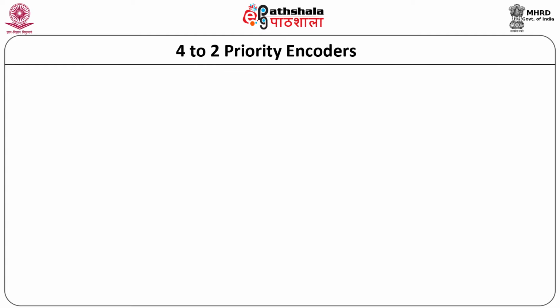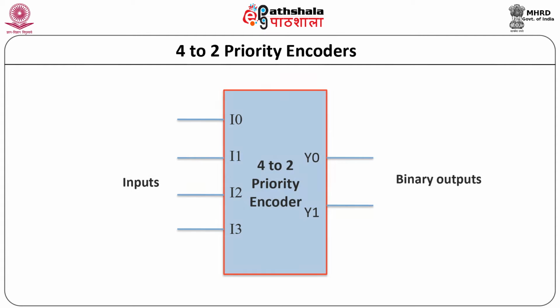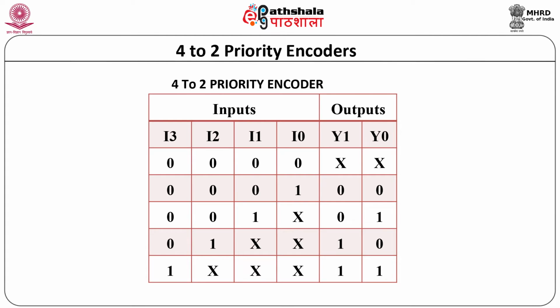Let us consider 4 to 2 priority encoder. It has 4 inputs, namely I0, I1, I2 and I3, and 2 outputs. Priorities are given to the input lines. In this case, I3 is having highest priority than other inputs.